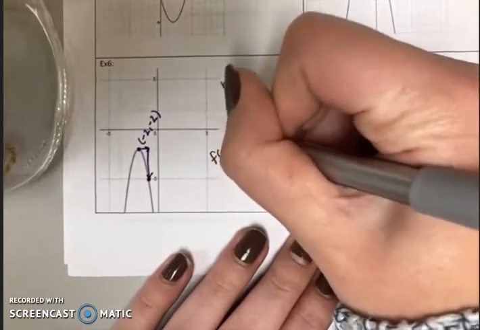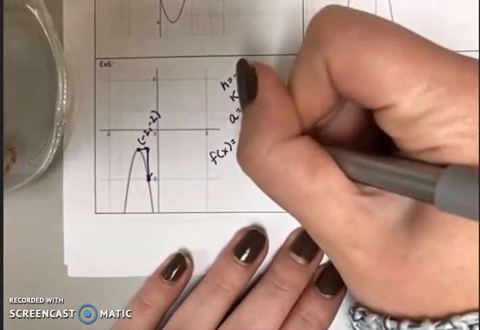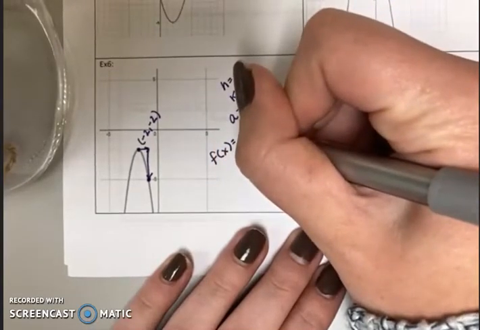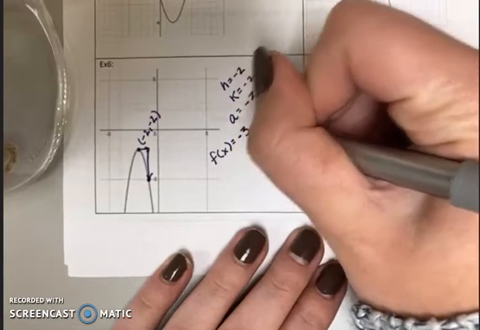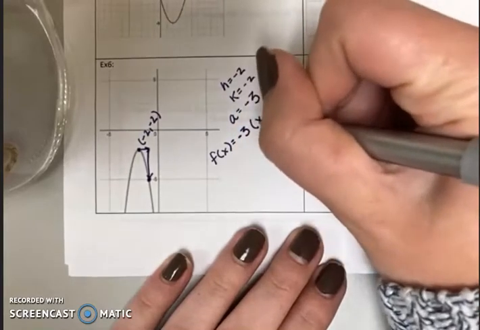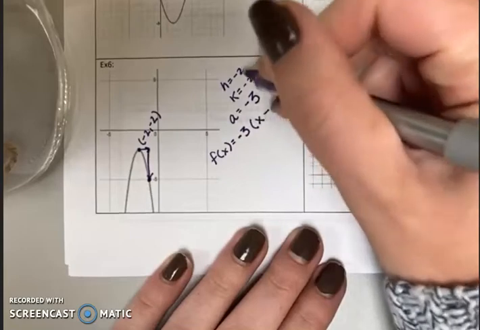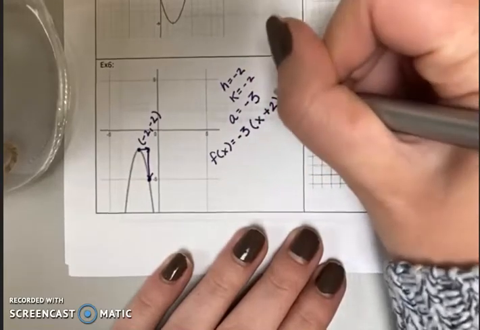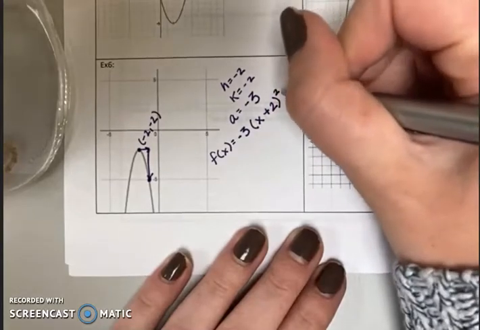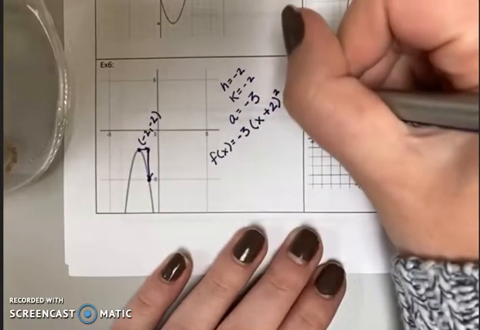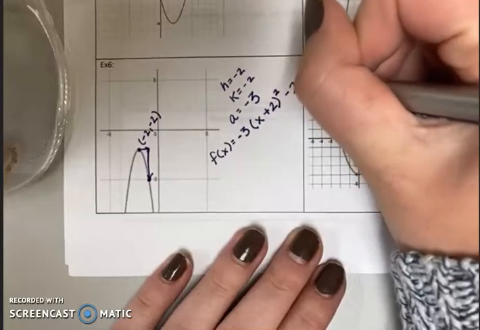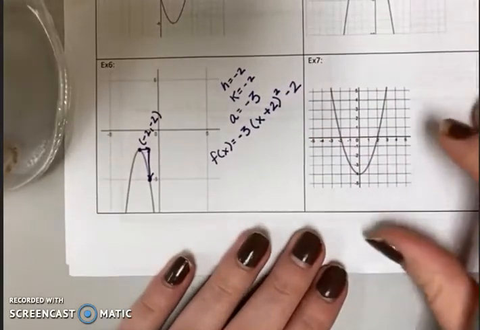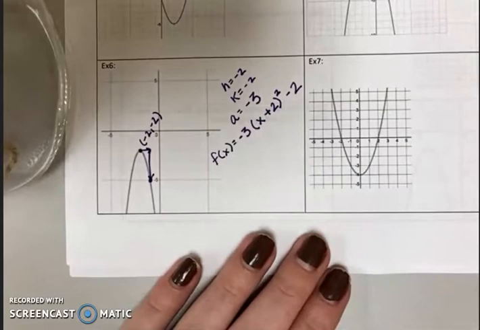The function, if it's in the form with a out front, is -3 times x minus h, so I'm subtracting a -2, making it a +2, squared, because it's a quadratic function, plus k. So that would mean that I need to put the -2 here on the outside.